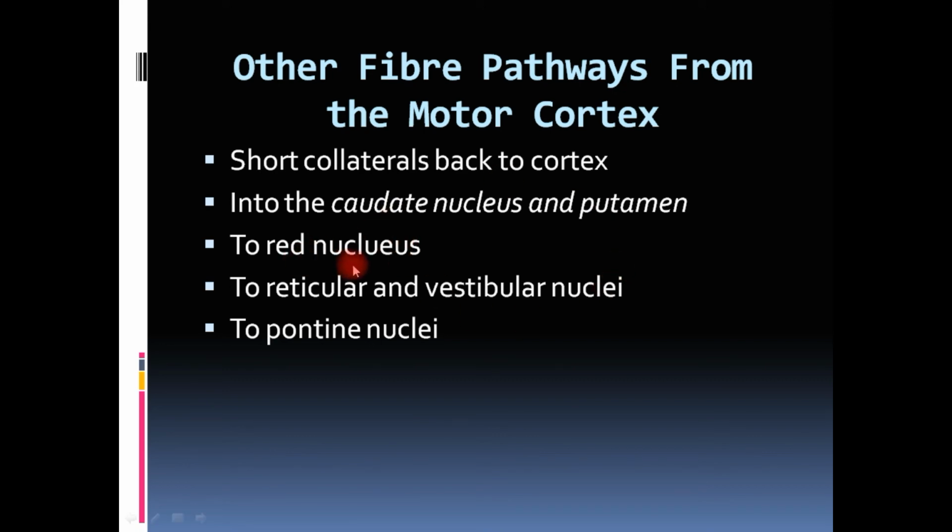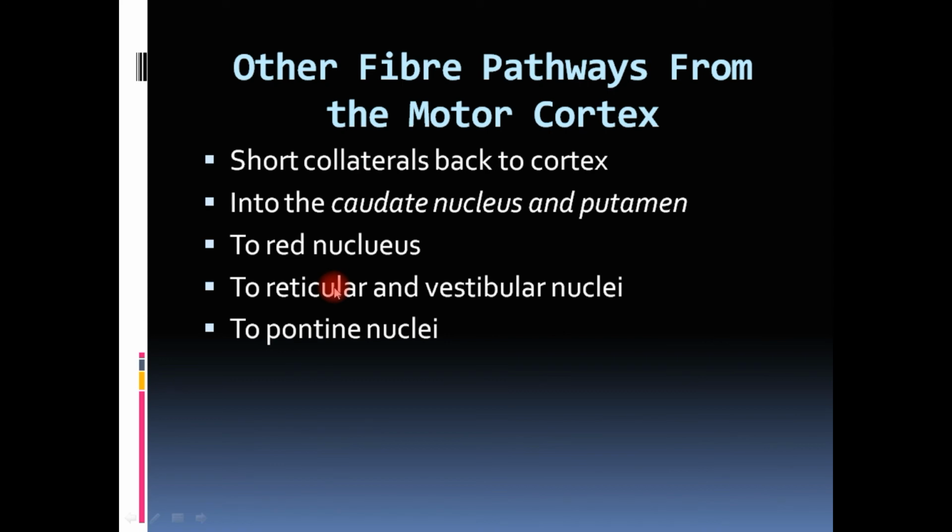Then the corticospinal tracts give their signal to the red nucleus. The red nucleus is the place from where the rubrospinal tract arises. As we will study further, the next descending tract will be the rubrospinal tract. So there is the cortical supply to this red nucleus also, which then stimulates the rubrospinal tract.